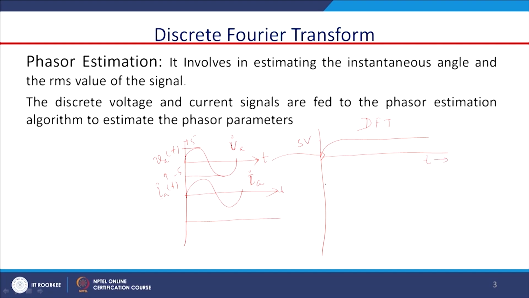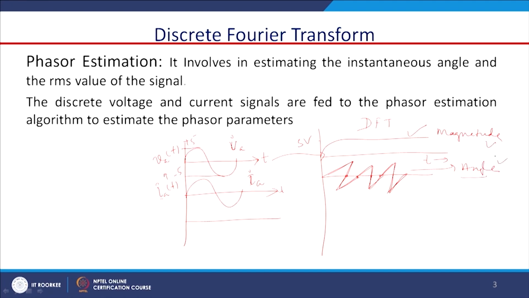Now, similarly, what will be the angle information? The angle will just rotate within 180 degree and repeat. So, this is 180 degree, 360, 180 degree, 360. So, within a cycle, this is one complete cycle of the angle like this. So, this is the magnitude of the signal and this is the angle of the signal.